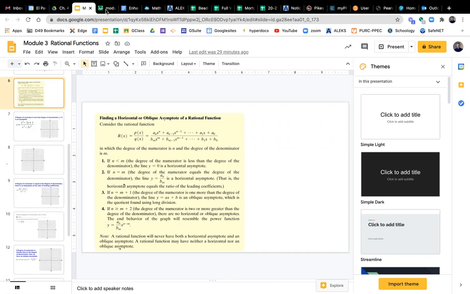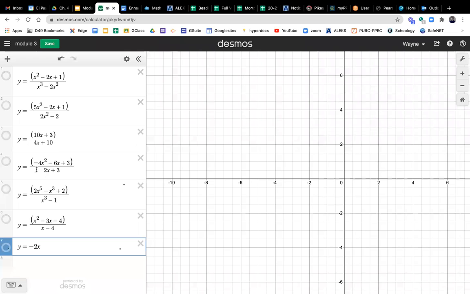Confusing, I know. So in this problem, you would have the leading coefficients 2 over 1. And then if you subtract, you're going to see in this equation y equals 2x squared.